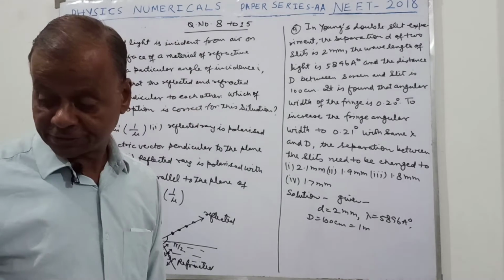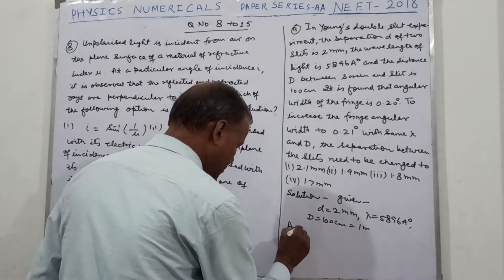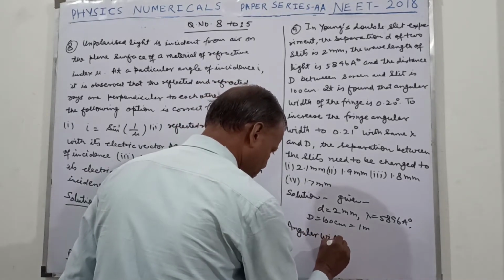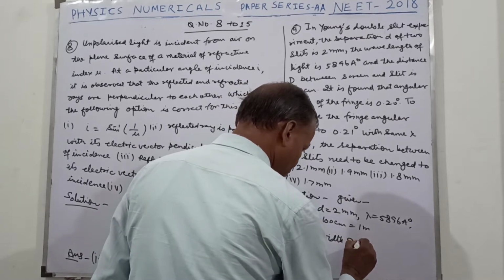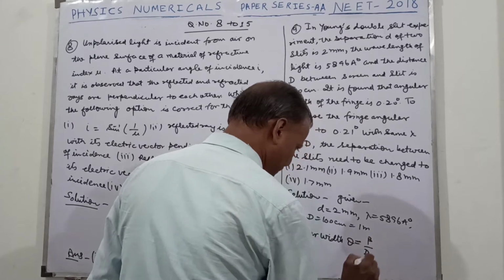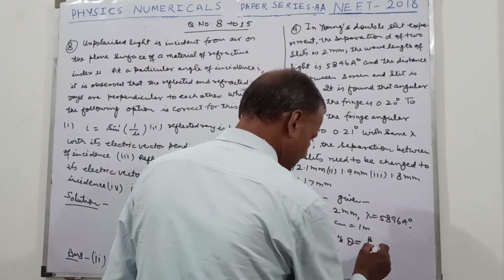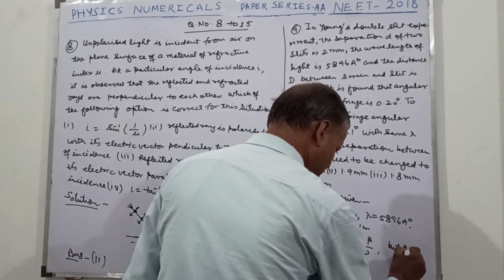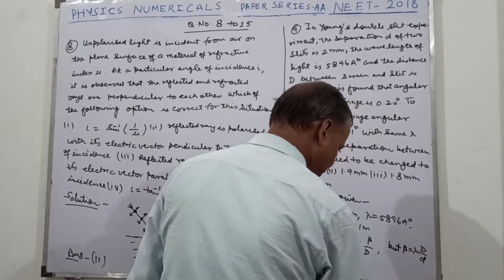The angular width theta is equal to beta upon capital D. This we know, but beta equal to lambda into D upon d.